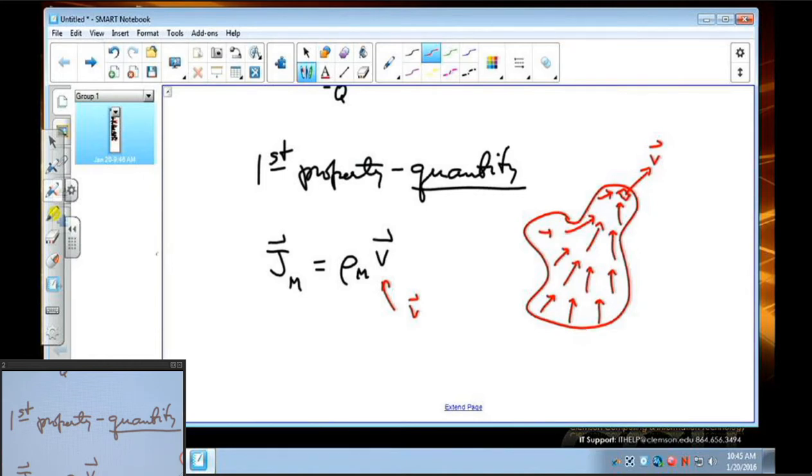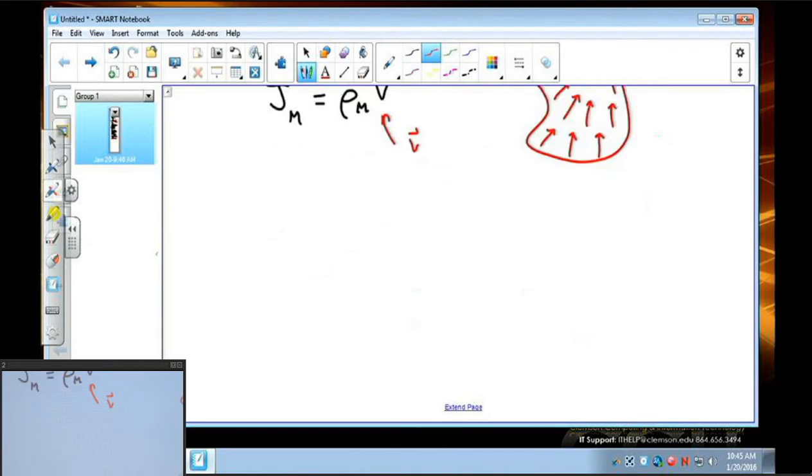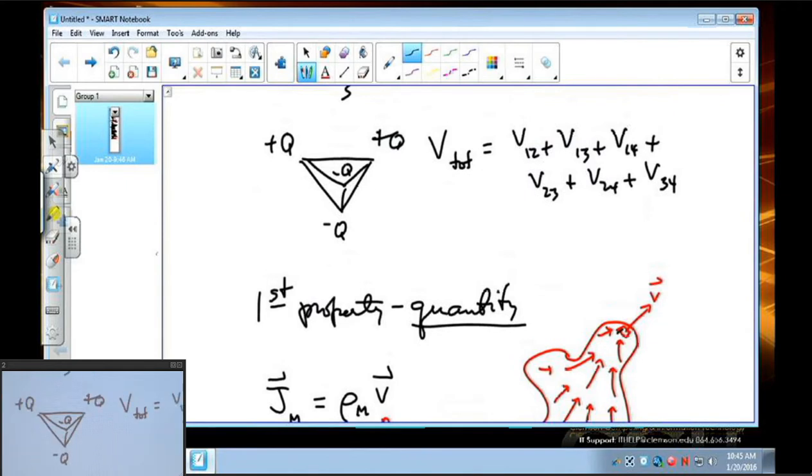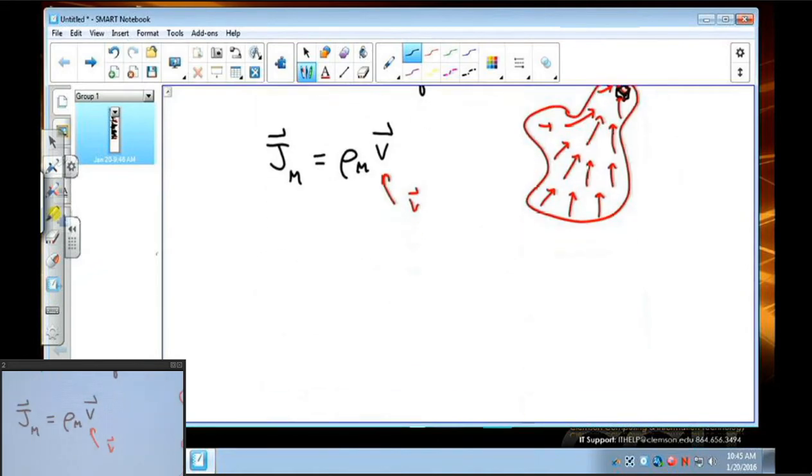Okay. Now I also want to consider, if I'm talking about mass flow, how much mass is in that region. The way I do that is by having a little volume here. Take a little piece of it. Inside of that volume, I'm going to call that volume dV.